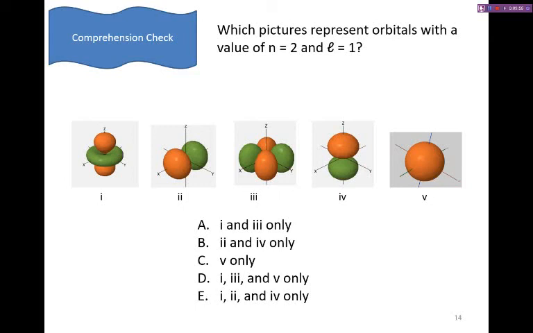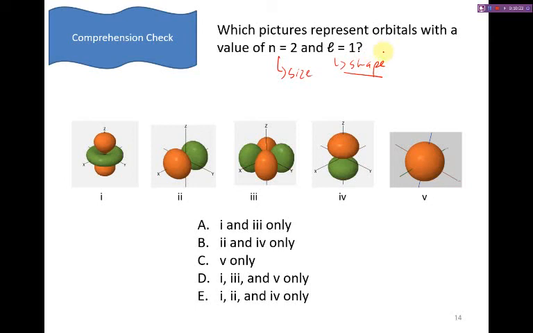So, which pictures represent orbitals where n equals 2 and L equals 1? Well, let's remind ourselves that n describes the size, whereas L describes the shape. You could try and differentiate based on size and based on shape. Probably the most important factor to look at initially is just the shape.